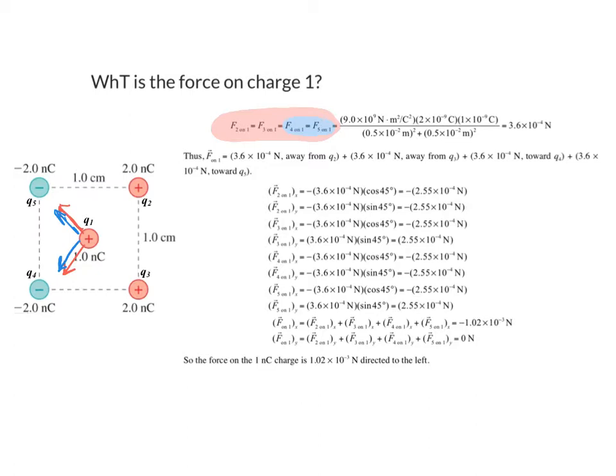So here's the thing. Since every charge interaction from a magnitude standpoint is a 1 nanocoulomb times a 2 nanocoulomb, every distance is the same distance because it's a square. And charge 1 is in the middle of the square.